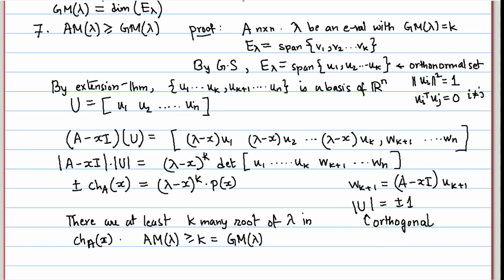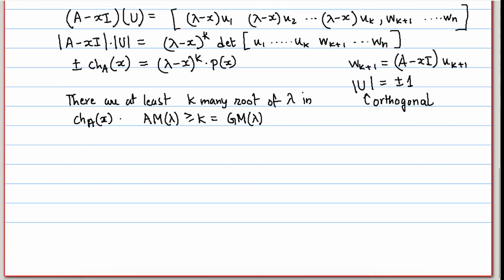Now we all know that the trace is the sum of eigenvalues, and the determinant is the product of eigenvalues.